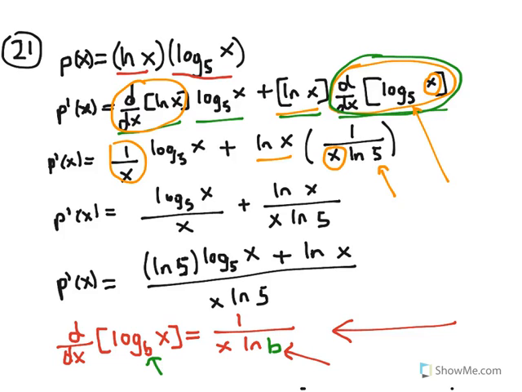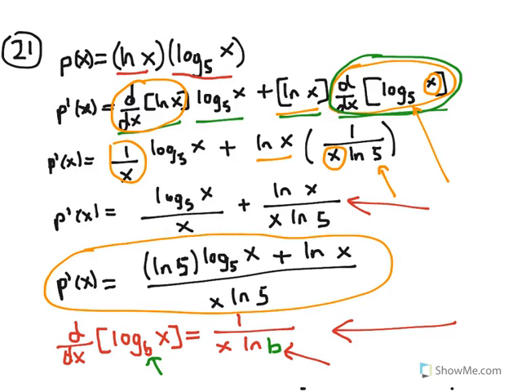The rest is simplification. You should probably at least go to this step here just to clean things up a little bit. And if you want, you can go to what I have here, and I'll explain how we get there. So in the first simplification step, you're just taking 1 over x and multiplying it by log base 5 of x. So you have a product of two fractions, so you multiply the numerators and get log base 5 of x.